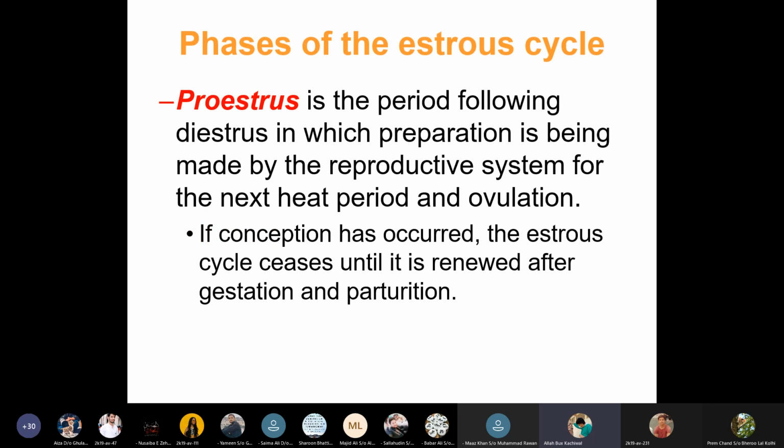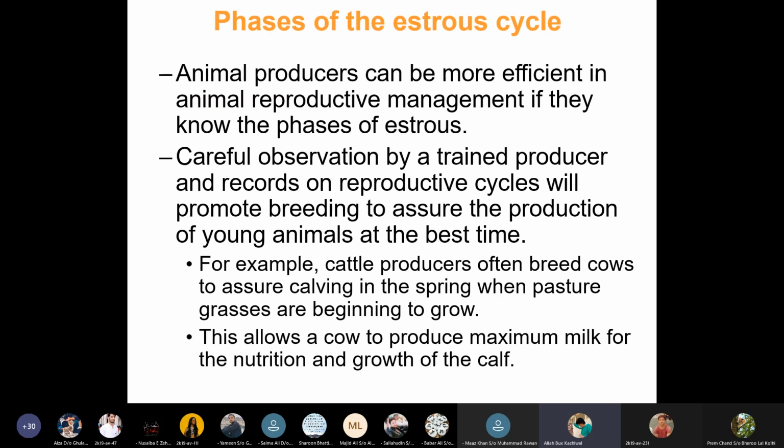Proestrus is the period following diestrus in which the reproductive cycle prepares for the next heat period and ovulation takes place. If conception has occurred, the estrus cycle ceases until it is renewed after gestation and parturition. So the estrus cycle restarts after parturition takes place.